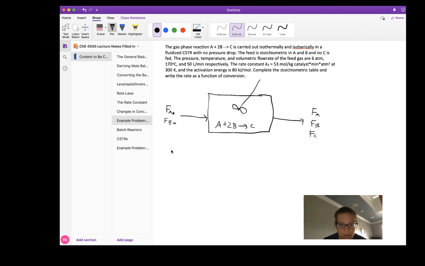The way I'm going to write that, I'm going to have a column for species, a column for the initial amount of each species, the change, and then the remaining, or we'll say the exiting.